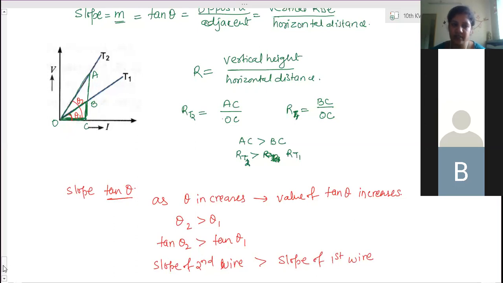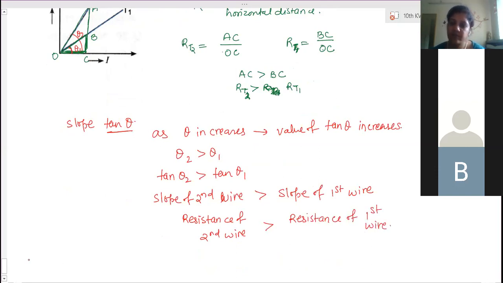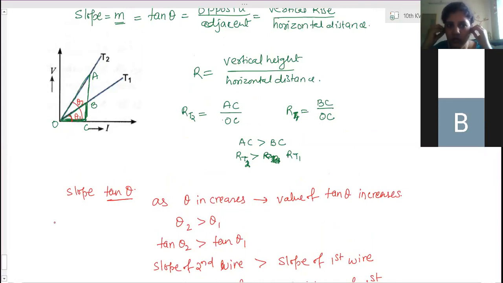And slope means the resistance value. Resistance is calculated in terms of slope. So the resistance of the second wire is greater than the resistance of the first wire. Are you able to understand this part? Yes, ma'am. So you have to check the theta value.